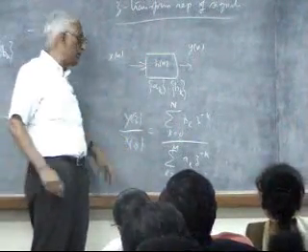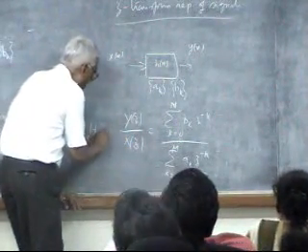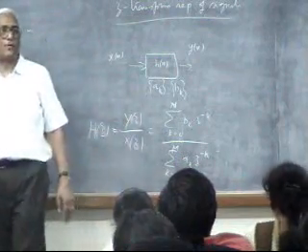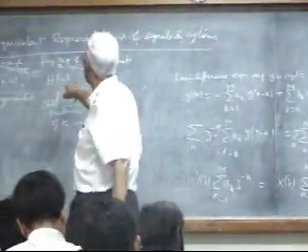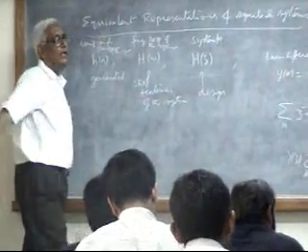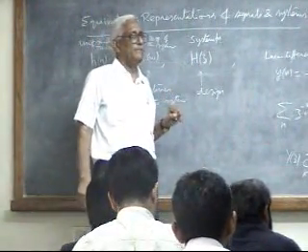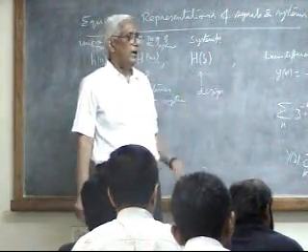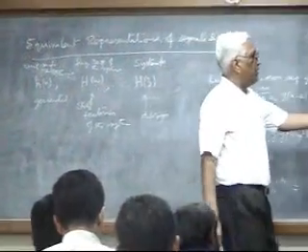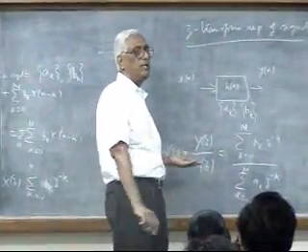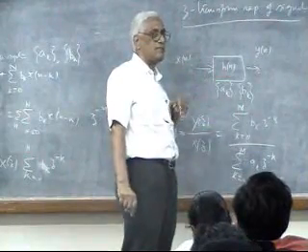The ratio of these two z transforms is given a name, and it is called the system function. The ratio of the z transform of the output by the z transform of the input is called the system function.